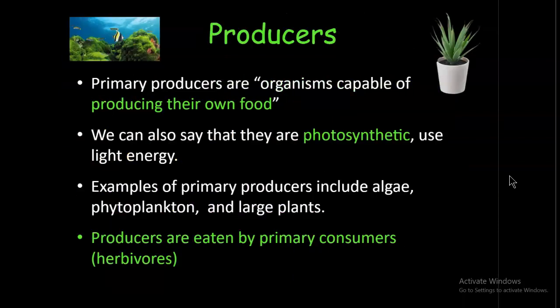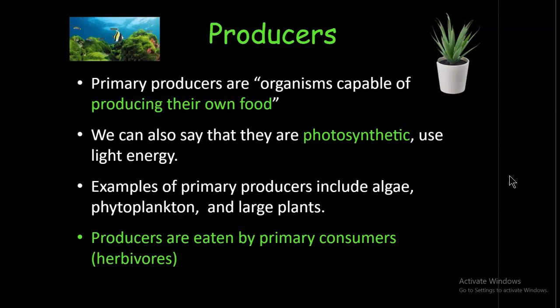Okay, so here are producers. Producers produce their own food. They make their own food. We can also say they are photosynthetic since they use the light energy from the sun. Examples are algae, phytoplankton, and large, well, any plant, right?